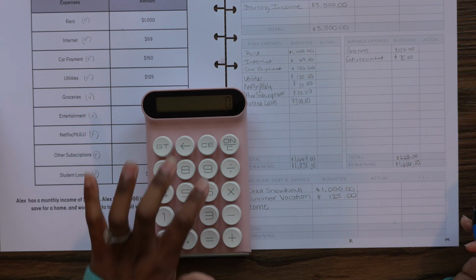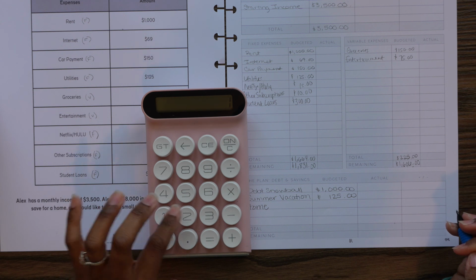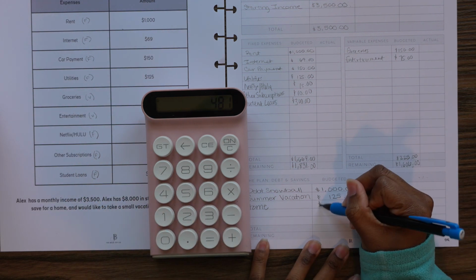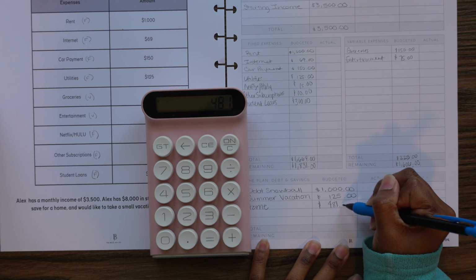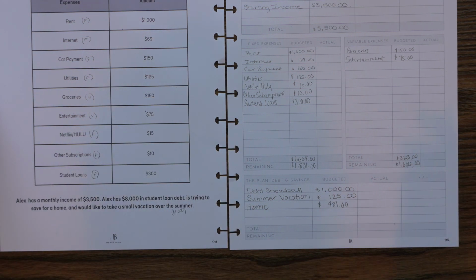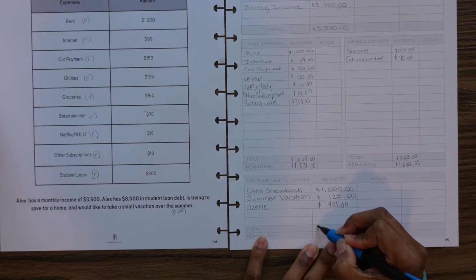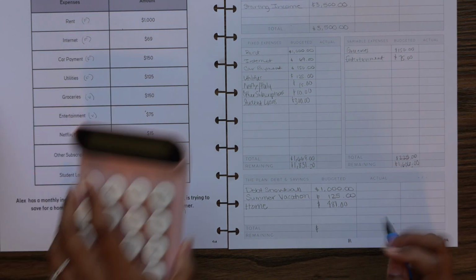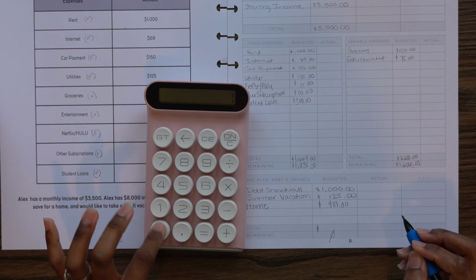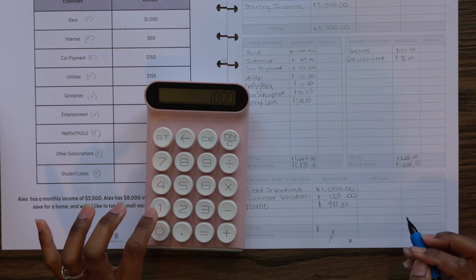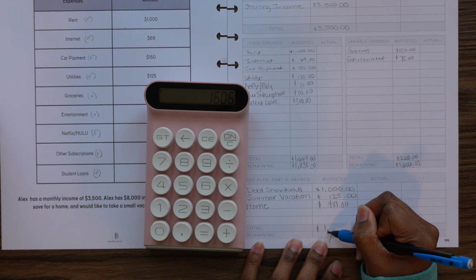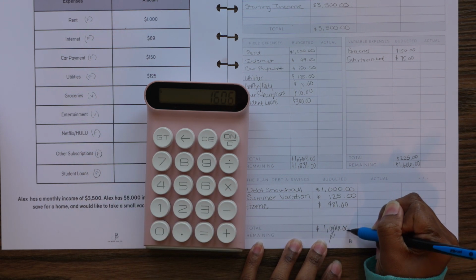So 1,606 minus 1,125 means that $481 is now going towards my home for this month. The goal is that this is going to be zero. So we take 1,000 plus 125 plus 481, and that gives us $1,606.